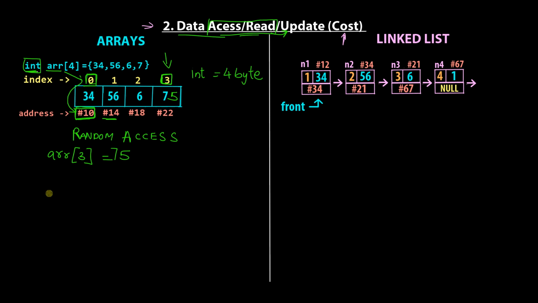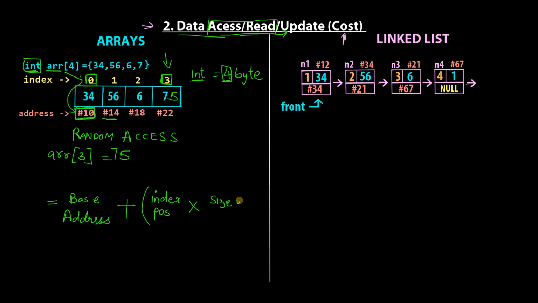So if you want to access the last element, that is index position 3, you can do it simply by using a formula which is given by base address plus this index position into the size in bytes of that particular data type. We know obviously an integer array will store all integer values only. So an array data structure will store elements of the same data type. So over here it is int, which takes 4 bytes.